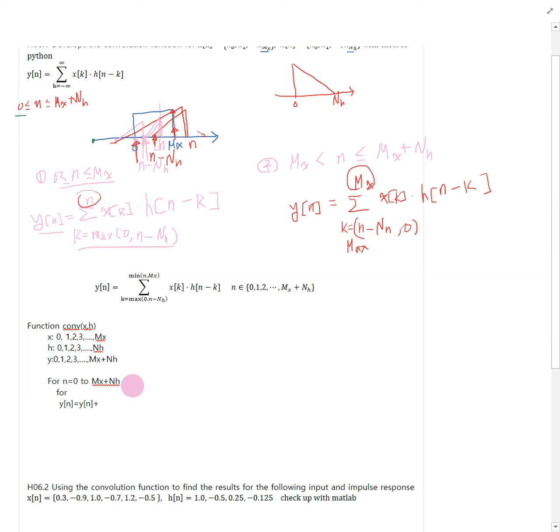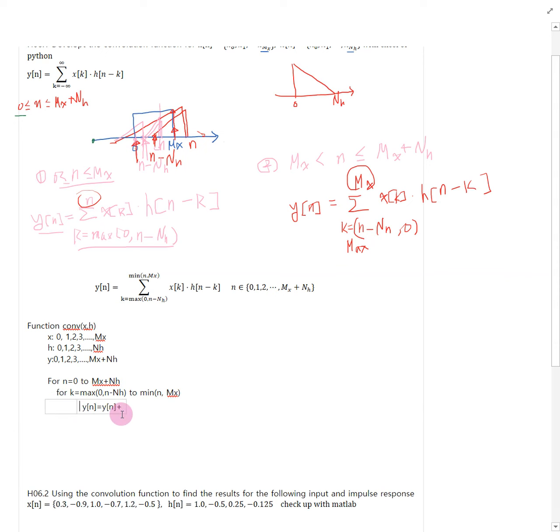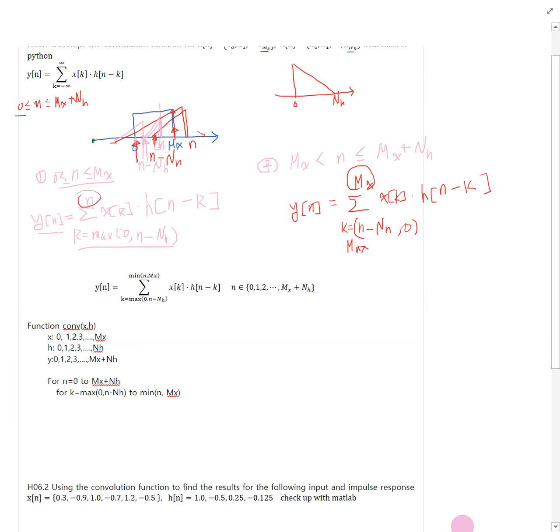So here k starts from the max of 0 and n minus nh, to the maximum index, the minimum of n and mx. During this period we have to accumulate yn. Okay, we can rewrite this one. So yn should be accumulated, and this summation is xk times h of n minus k.